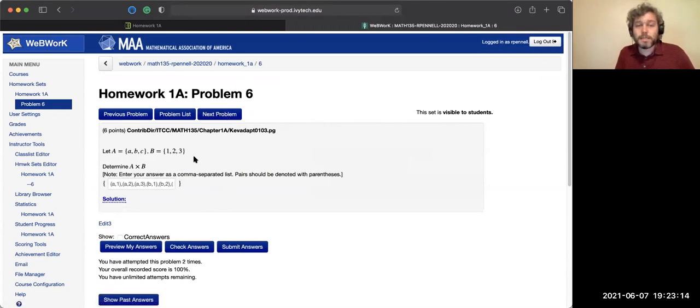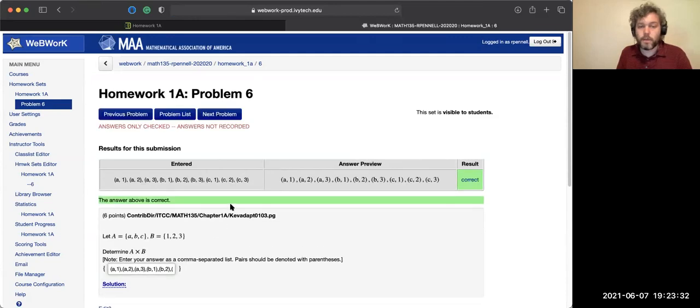For 6, you're asked for the Cartesian product. We talked about the Cartesian product briefly in a lecture. And I will say for this, you have to type it all out, and that is the biggest nuisance for this problem. But you can see I had to type all of that out. That's how you do the problem. So that's usually the question I get for this type of problem: it's not accepting my answer.